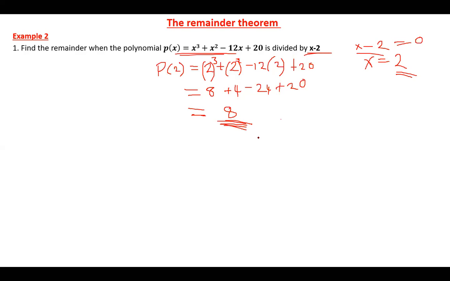So this is the remainder, meaning whether you use synthetic division or long division, you still get this same 8 as the remainder.